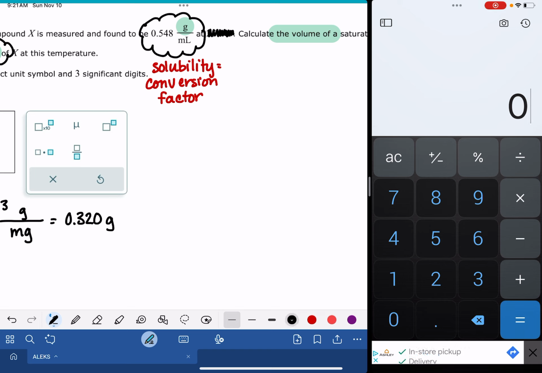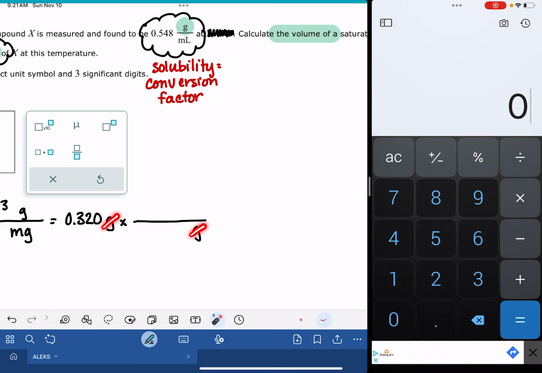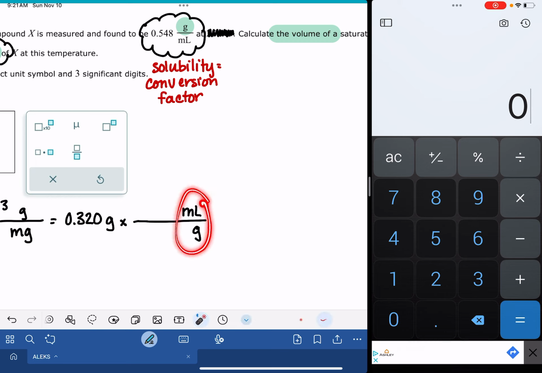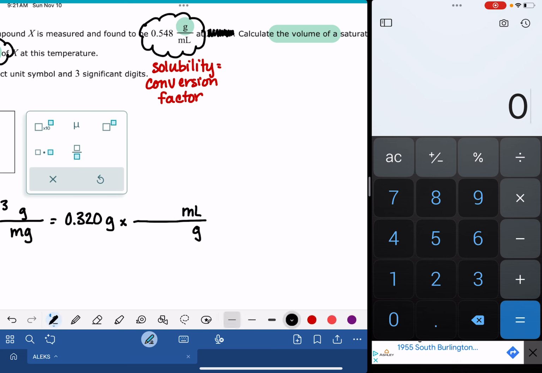So if I want to convert this 0.320 grams into a new unit, I need to put the gram unit down on the bottom of my conversion factor so that my gram units are going to cancel out. And my conversion factor, the solubility, is a relationship between grams and milliliters. So on the top of my conversion factor, I want milliliters. And you'll notice that these units are backwards from the units that were provided to us in that solubility conversion factor.